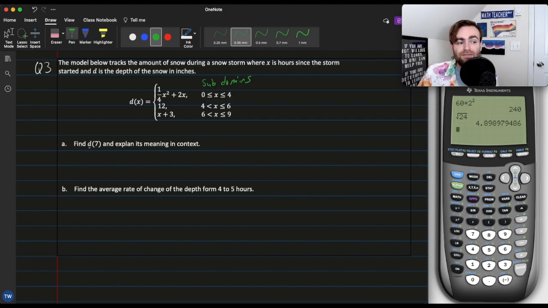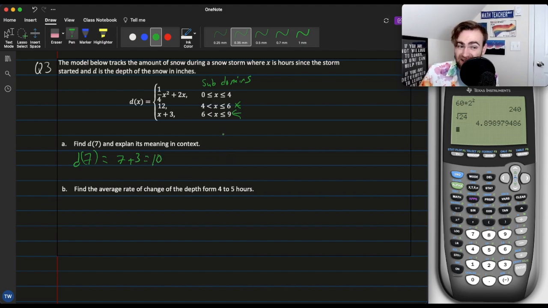So when it says find D of 7, D of 7 is, no, it's not in that subdomain. It's in this subdomain, so we're going to use this part of the function. D of 7 is equal to 7 plus 3, it's equal to 10.